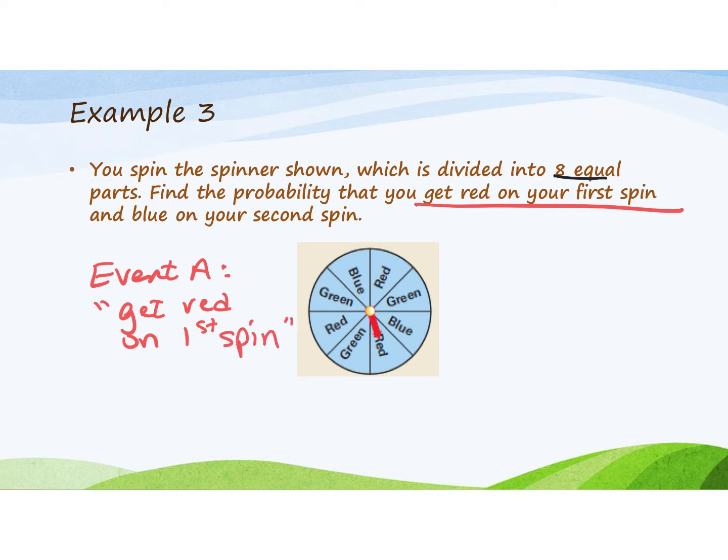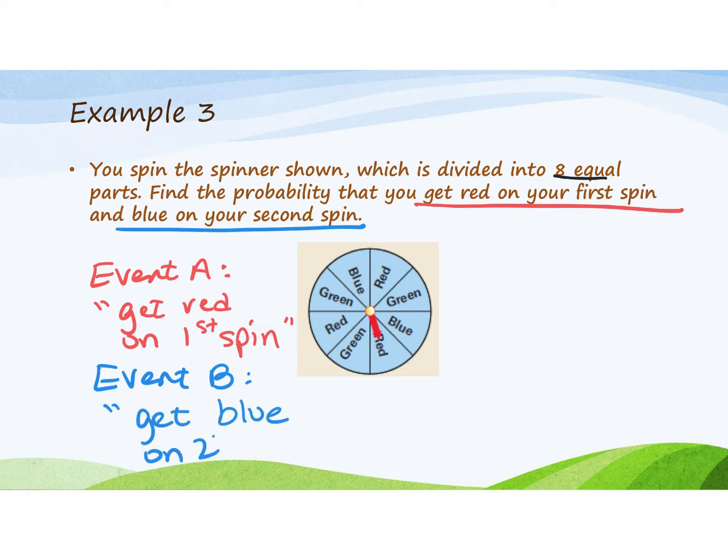And then I'm going to say event B is getting blue on the second spin. So what they're asking me to find is the probability of A and B.